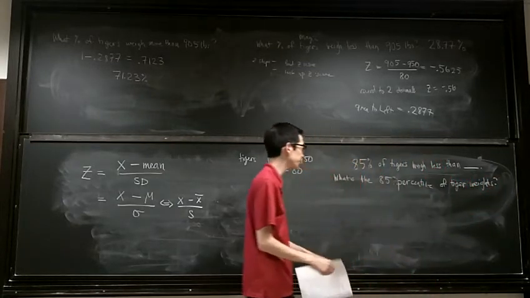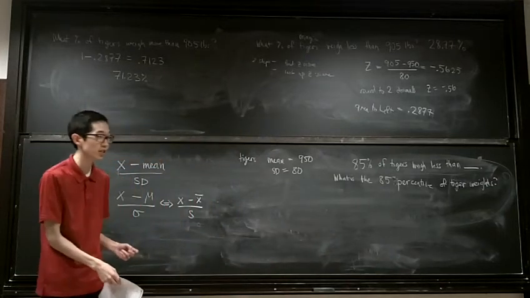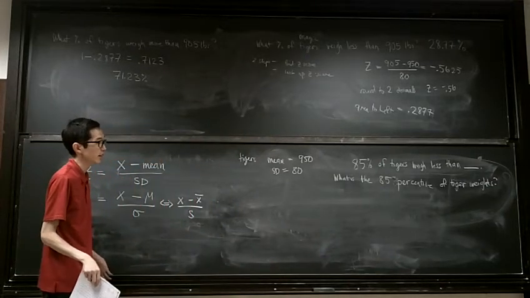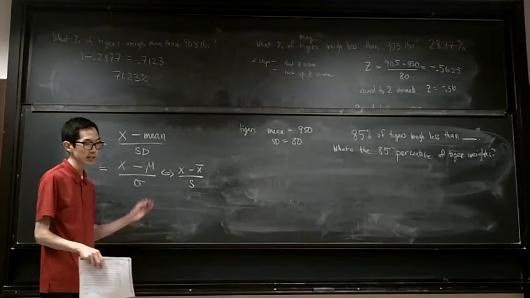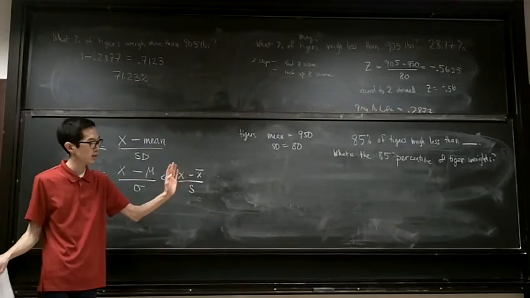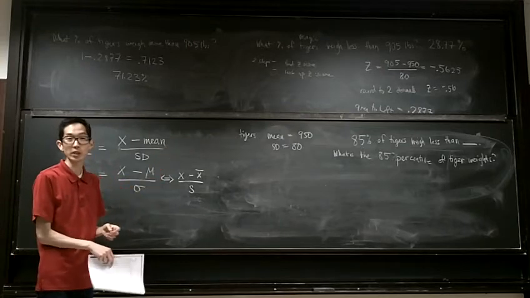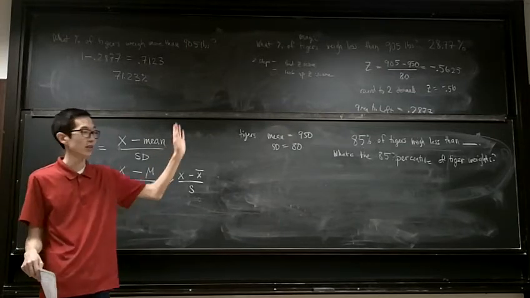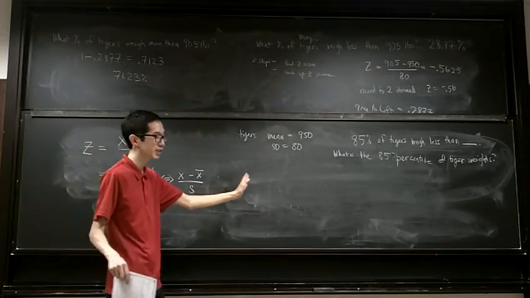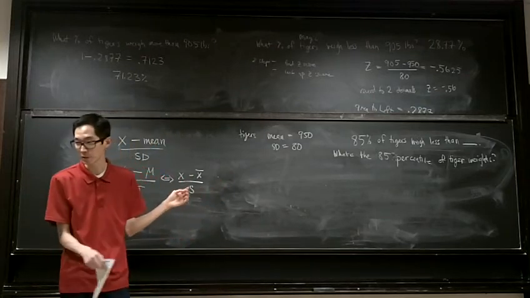Both of these questions are asking the same thing, they're just phrased differently. Where's the location where 85% of tigers weigh less than this number?